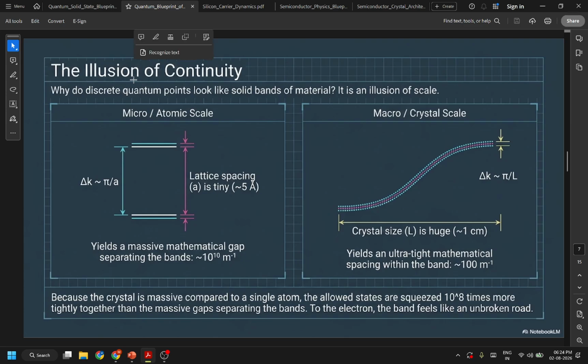But this will not look like distinct discrete points, it will look continuous. So why do discrete quantum points look like solid quantum materials? It is an illusion of scale.